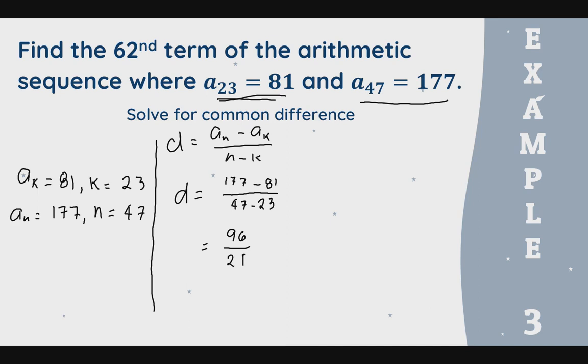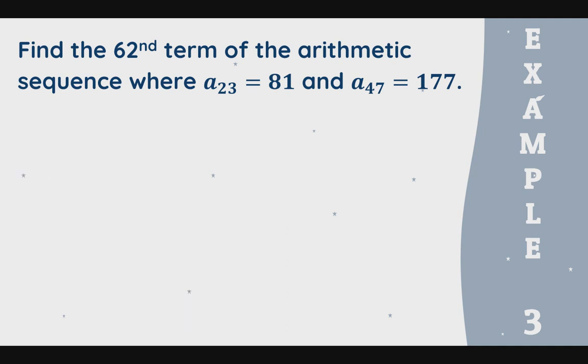And 96 divided by 24, our common difference is, very good, 4. So we have now our common difference, which is 4. Now, let us go and solve for the first term, or our a sub 1.